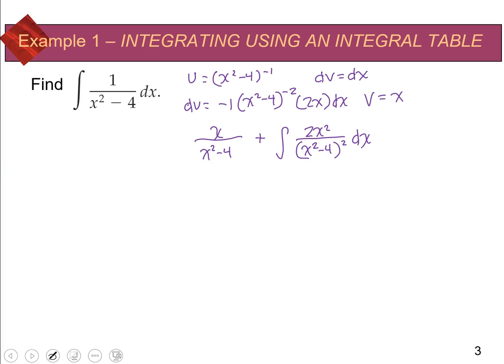If I try to do by parts again, if I let dv be anything but the 2x squared dx, I'm not going to be able to do it. And if I let u be the x squared minus 4 to the negative 2 power, I'm just going to end up with another integral that's even more complicated than this one.